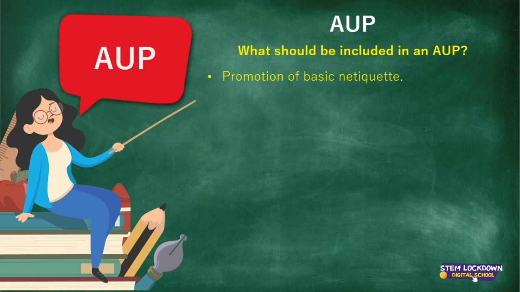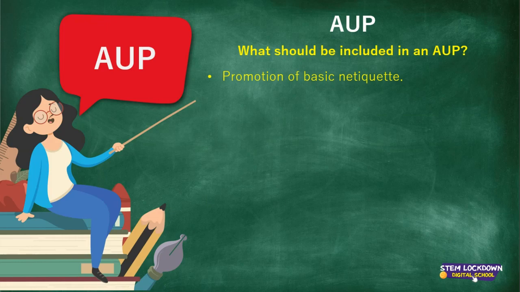We have promotion of basic netiquette. Netiquette is derived from the word etiquette, like the English word etiquette. Netiquette comes as network etiquette, right? This is about respecting other people's files, and all those things.